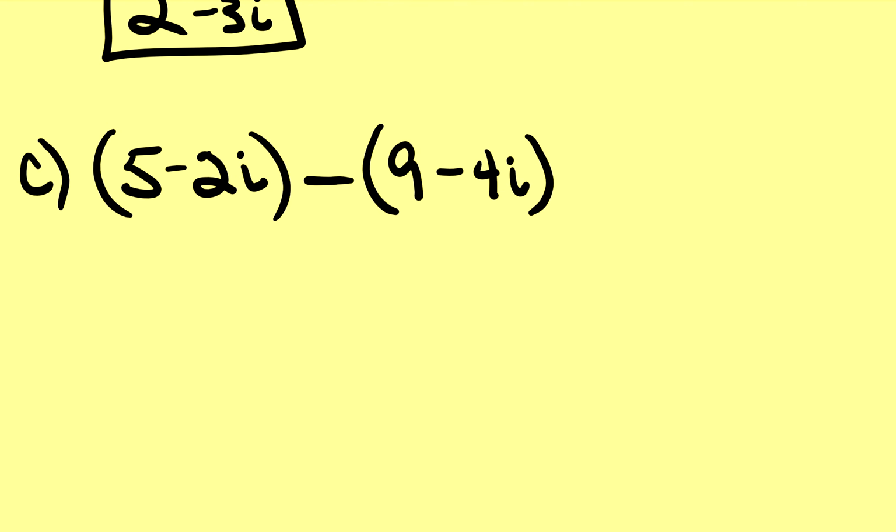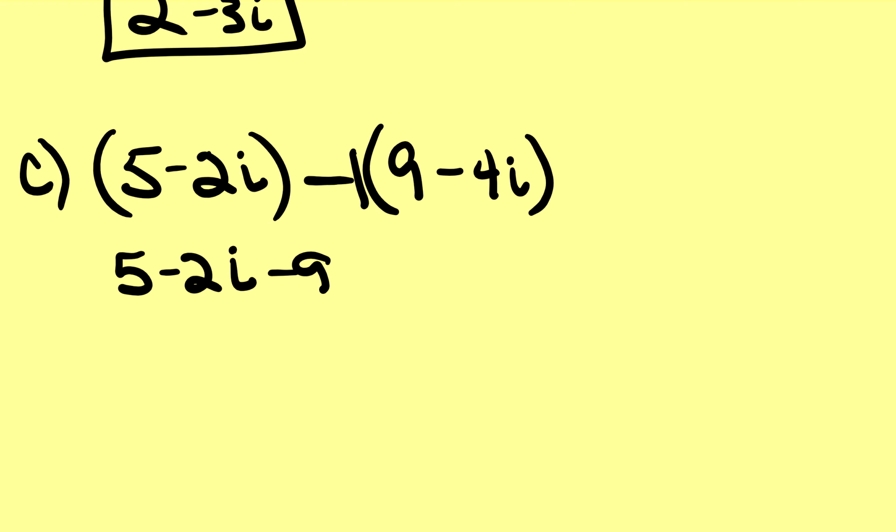Okay, how about C now? Again, observing, I've got subtraction here. So that means I've got to change my signs or distribute the negative 1. I'll say it that way. The beginning part is nothing happening, so I'm just dropping the parentheses, and I got 5 minus 2i. Now I'm going to distribute the negative 1, so I'm going to have negative 9.